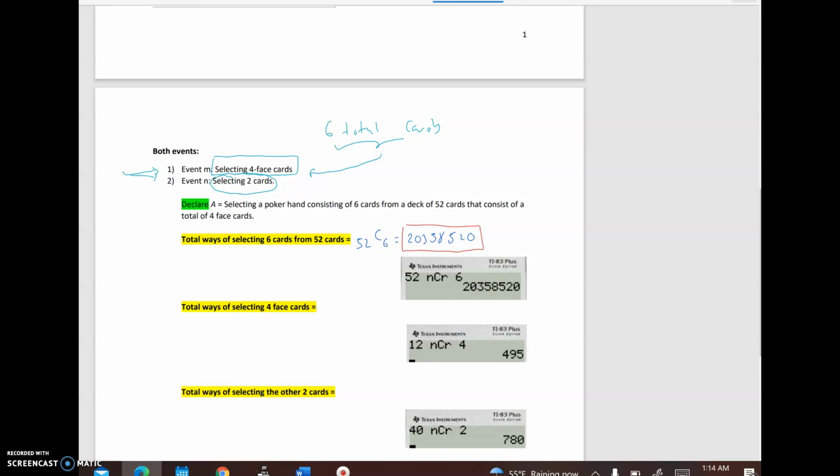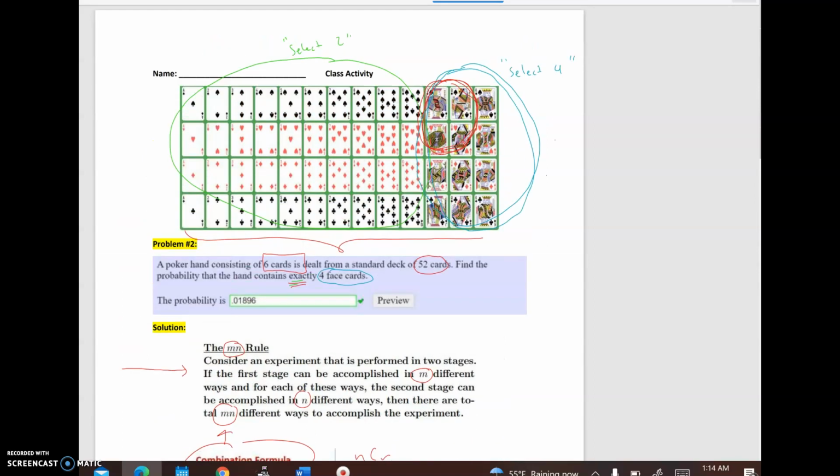Now, one of the events, which is a little bit messy, is the ways of selecting the 4 face cards. Your face cards come from this chunk here, a total of 12, and the rest of them make a total of 40.